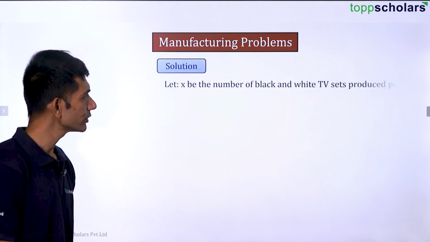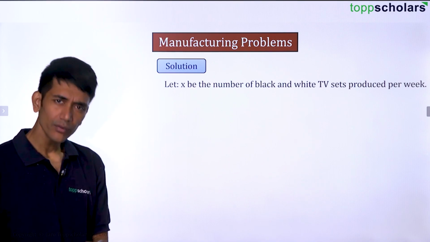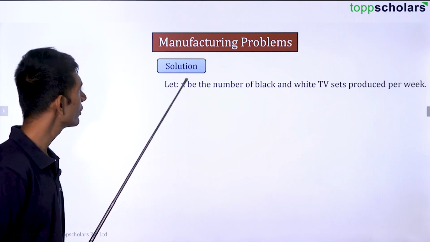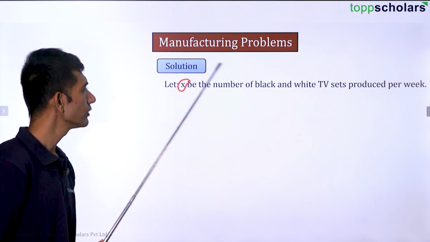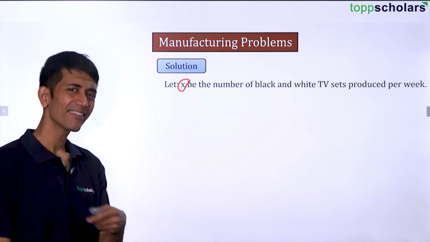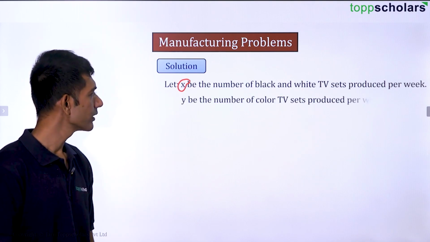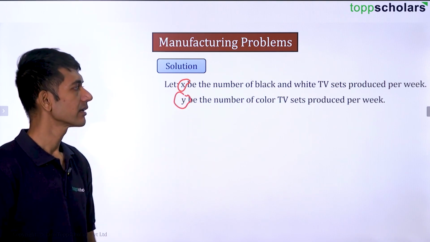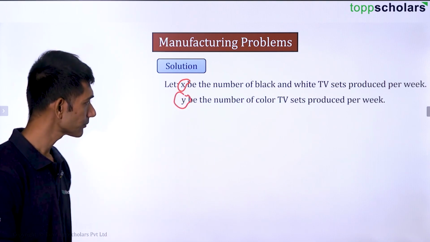Let us talk about the solution now. Do we know how many black and white TVs are produced? No. So we will consider that as X. Let X be the number of black and white TVs produced per week. And the second type of TV is color TV. Let Y be the number of color TVs produced per week.